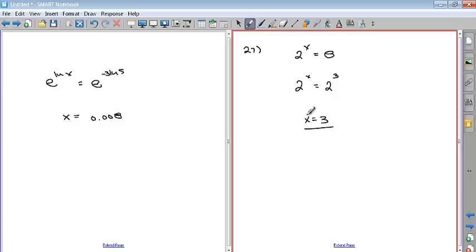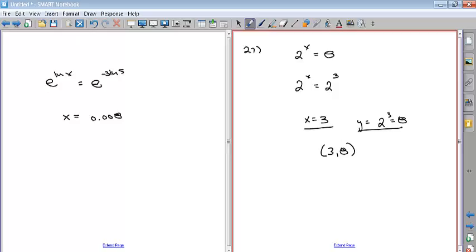So you'd have x equals 3, and then you'd have to find the y value. It's actually 3 comma 8, because if you plug that back in, the corresponding y value would be 2 to the third power, which is 8. So the point of intersection would be the point 3 comma 8.